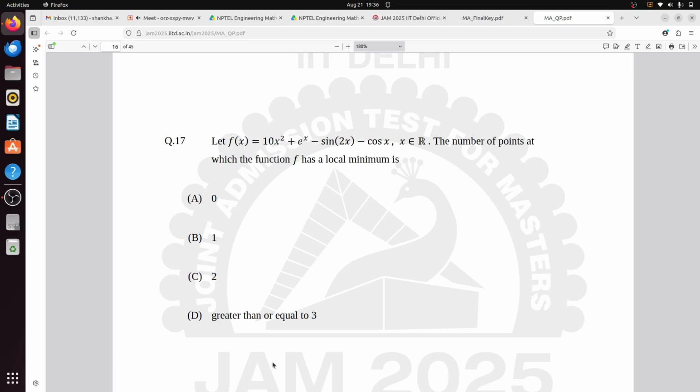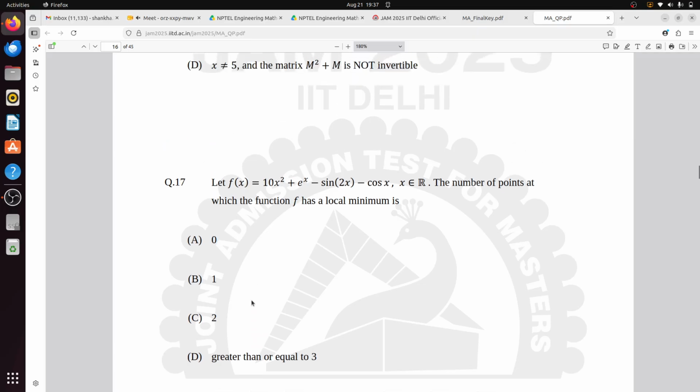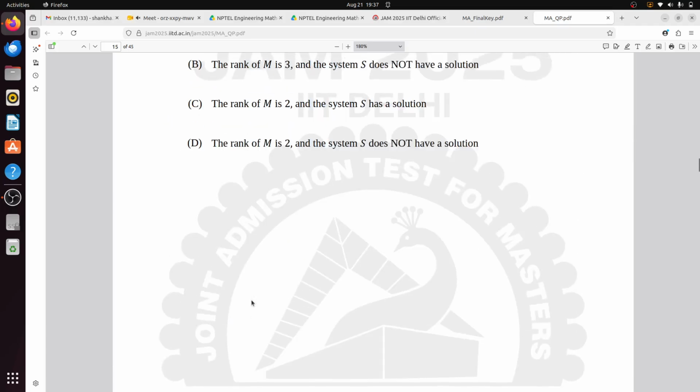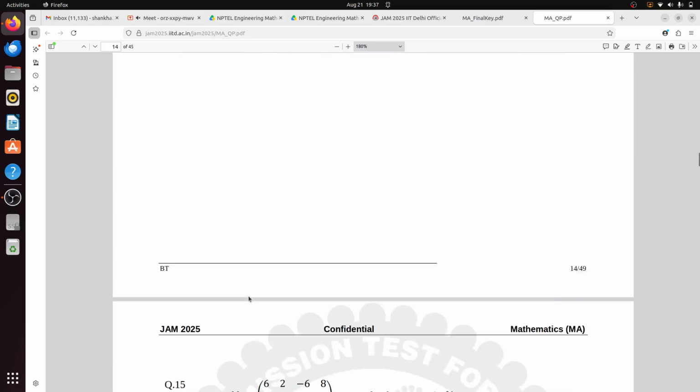So that will be 2, and 10x² plus eˣ, that will cut there. From the curve we should have an idea. We need to think about this problem. This is a very tricky problem.